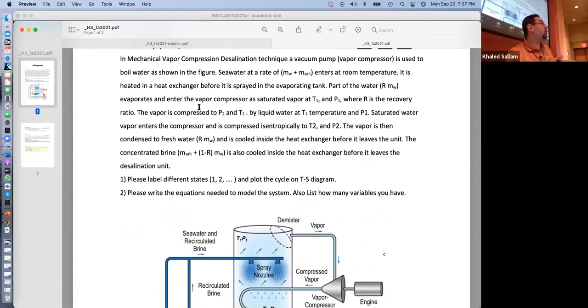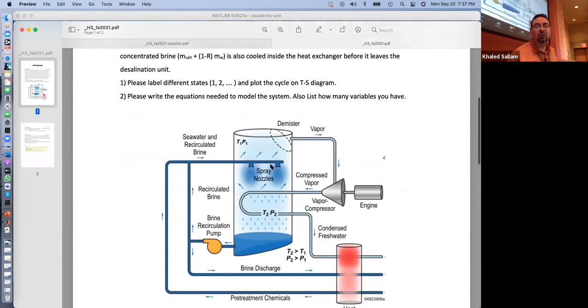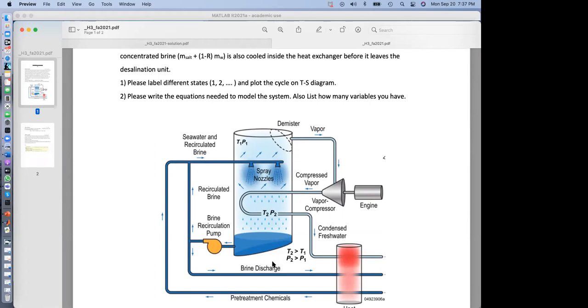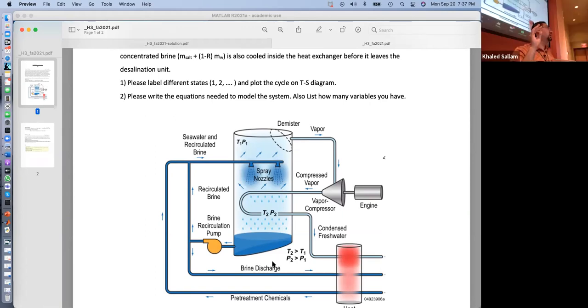If 50% of the water becomes vapor, gets compressed, gets condensed, and leaves, you will separate 50% of the water into clean water. That's called the recovery ratio. Imagine if you do 100% recovery ratio, what will be left over here? Nothing. Salt crystals, right? That is the ZLD system, zero liquid discharge.